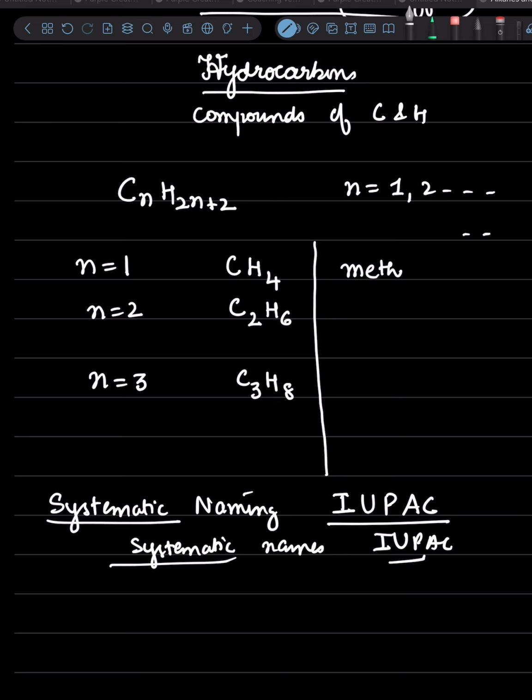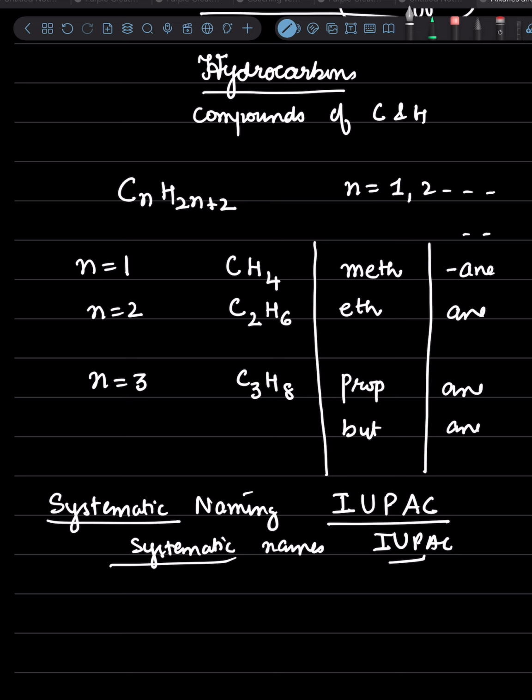When you have two carbons, you use eth. Three carbons, prop. Four carbons, but. And since it is an alkane, the suffix is ane in all the cases. So methane, ethane, propane, butane. This is how you name them.